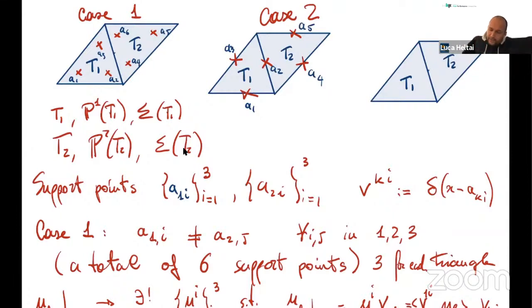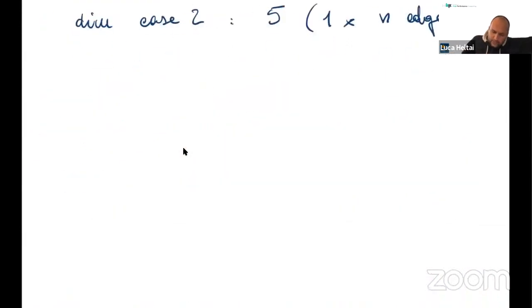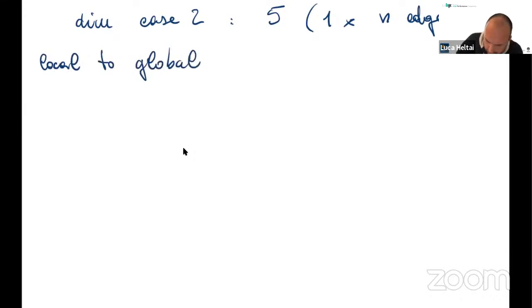Now, of course, if I look at every single triangle by itself, it has 3 support points. So I can define a basis for the dual space on T2. And these 3 support points are numbered according to the triangle. So here, one has to introduce the so-called local to global degrees of freedom indices. Local to global indexing.